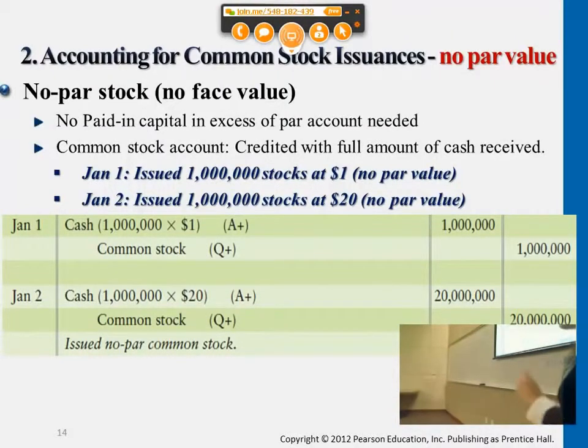So in these cases, since there's no face value, the legal capital would be whatever is the first journal entry, the first issuance of stock to the public. If the first one is the first journal entry when the business started, then that $1 million will be the legal capital. Just the initial transaction, the initial stock issuance entry.